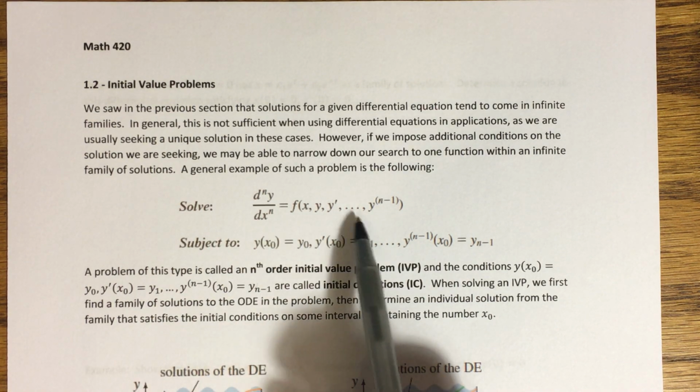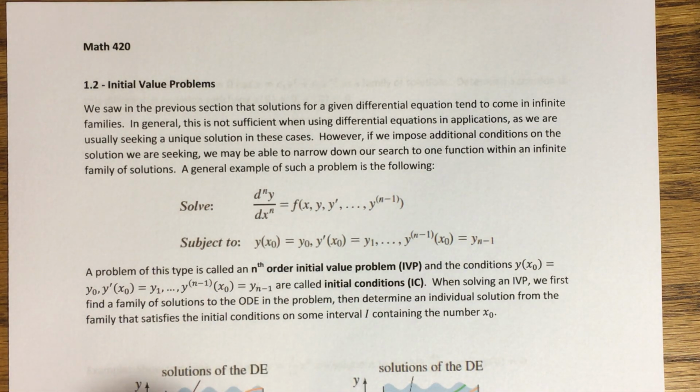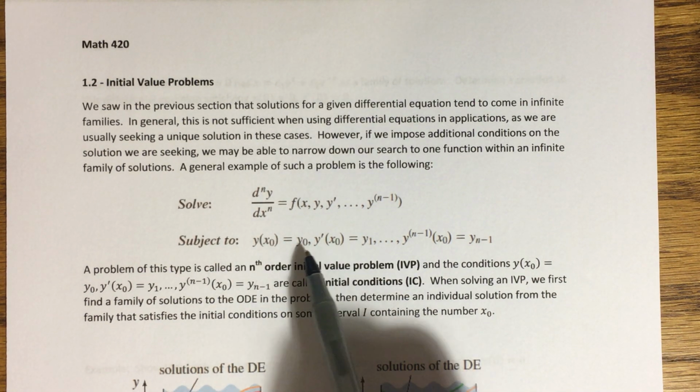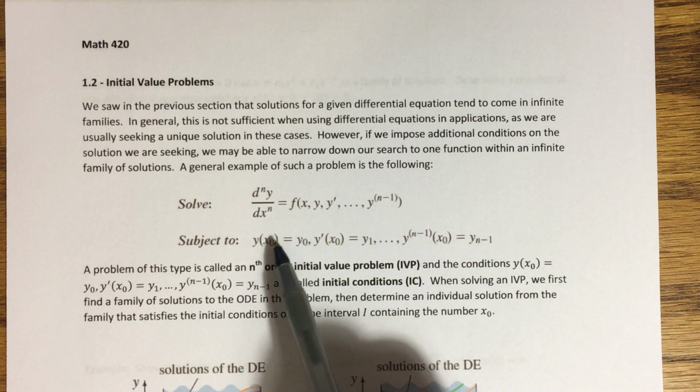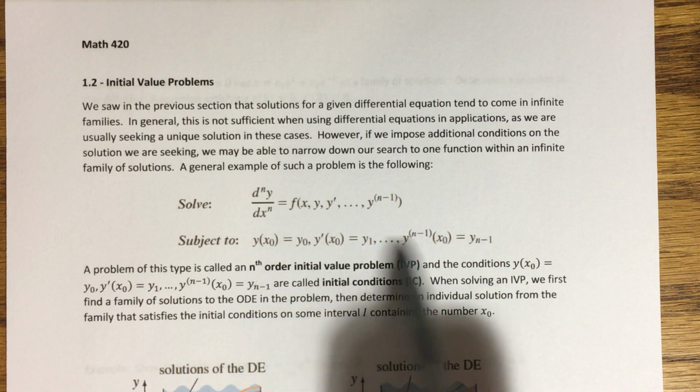That's just the way it's represented here. And then we also have to have these additional things called initial values or initial conditions. You can think of it as data almost. It's points, or ordered pairs, I should say, that have to satisfy the function and/or its derivatives.